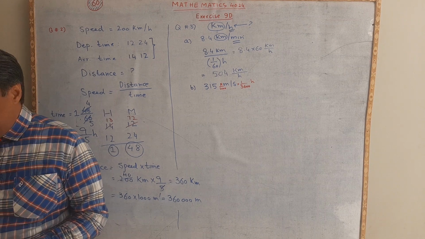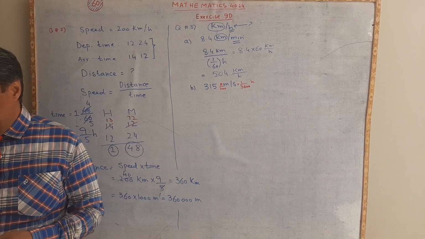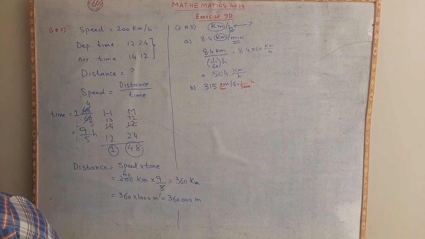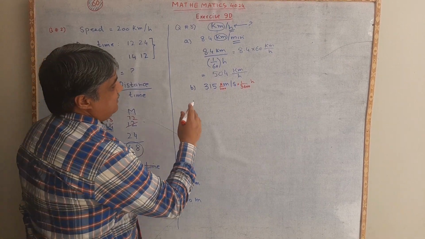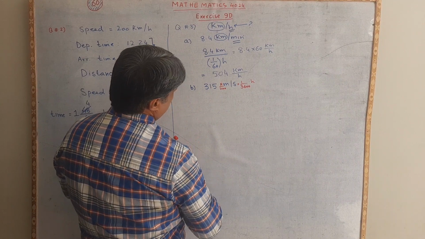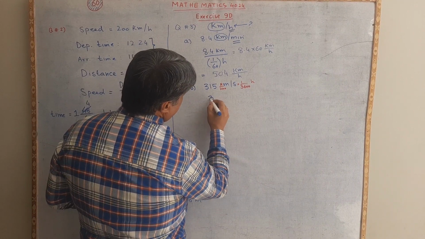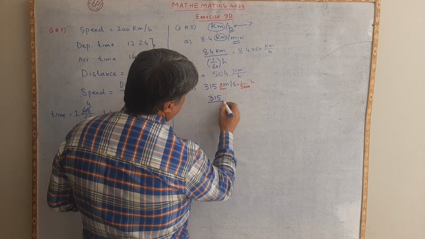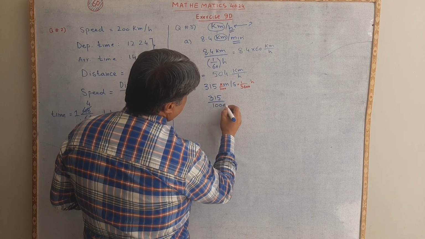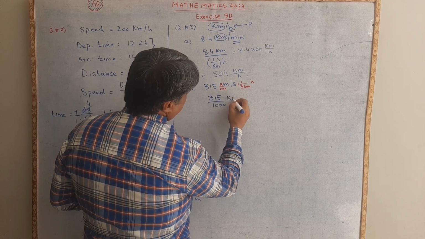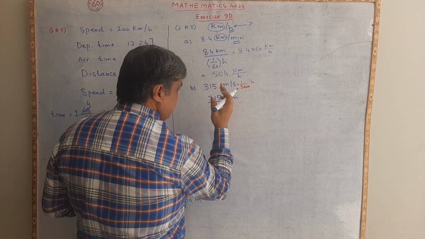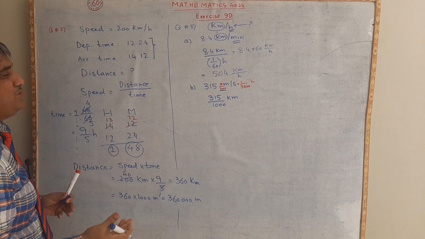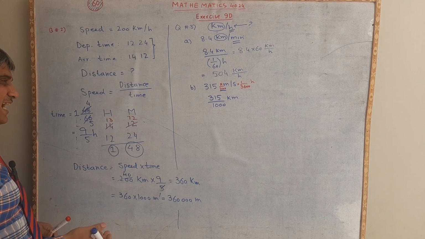So I am writing it as 315. Let me write it in blue. 315 divided by 1000 kilometer. We only divided by 1000 because we are introducing kilo, so we cannot introduce it from our own side.